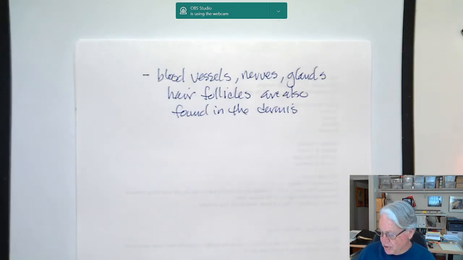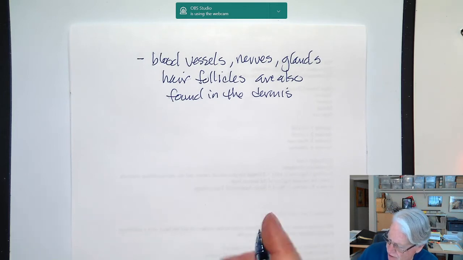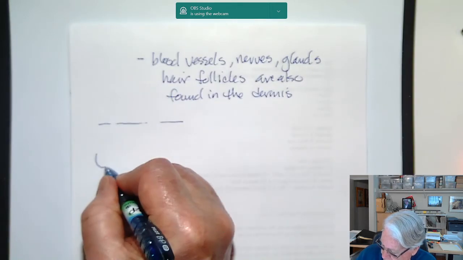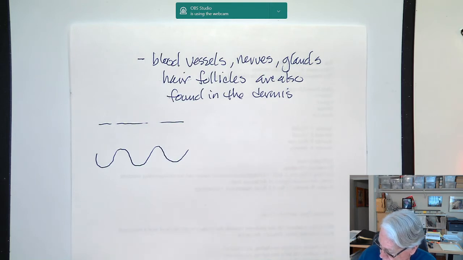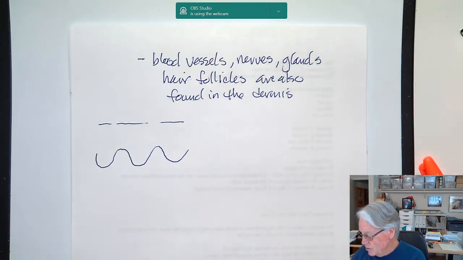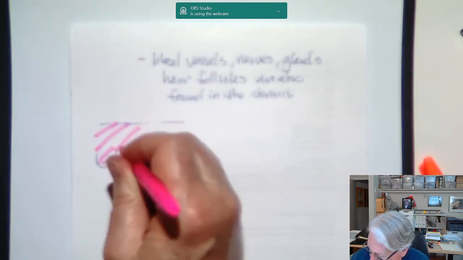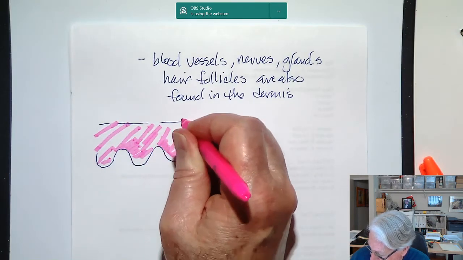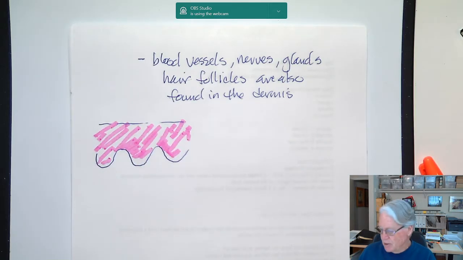When we look at the dermis, we can divide it into two regions. And let me quickly just draw a little picture here. Try to capture what I'm talking about in that picture. Alright, so I'm going to use this color to indicate the epidermis.